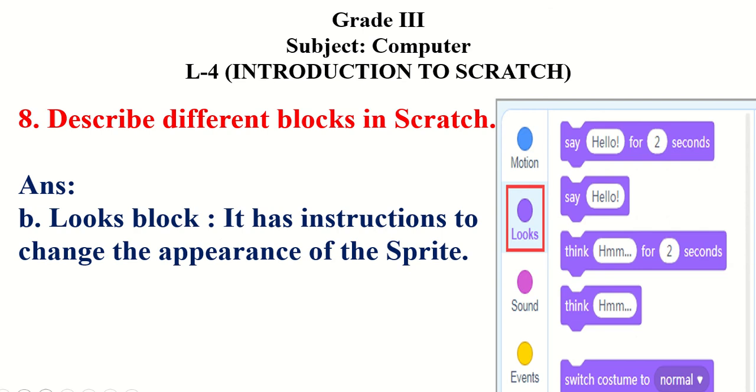Next is the looks block. Looks means the appearance. Now this block has the instructions to change the appearance of the sprite. Appearance means its looks or different poses of the sprite.